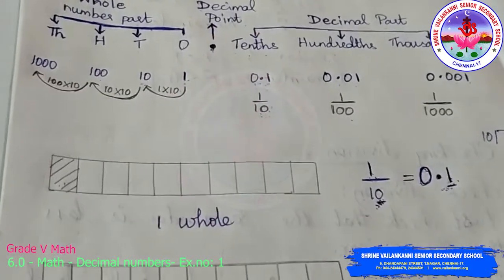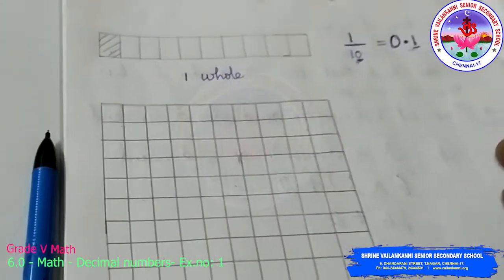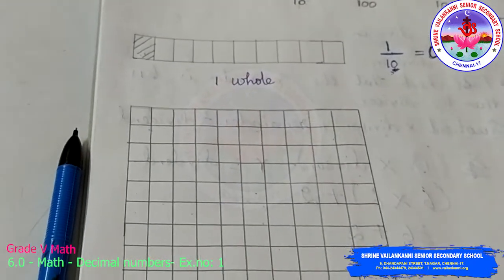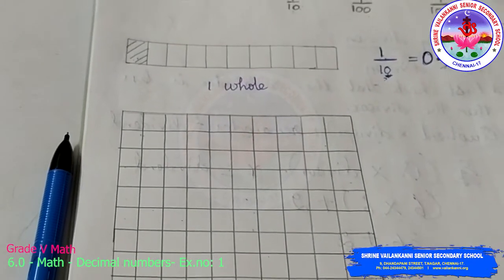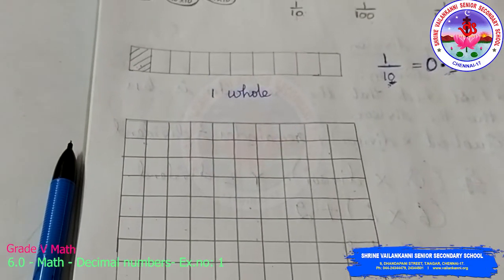Okay, so likewise I am going to show you the 100th place value. See, I have just drawn a square shape which I am considering as one whole. Okay, so this one whole is divided into 10 rows and 10 columns.